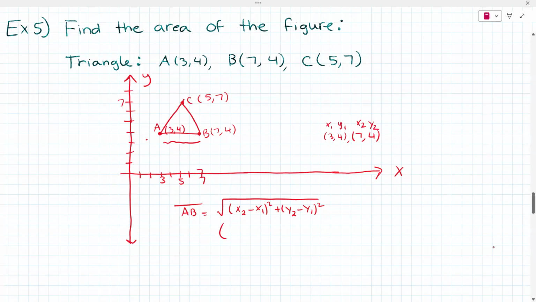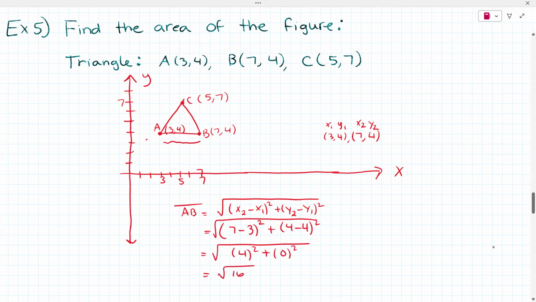My x2 is 7 minus my x1 which is 3, and my y2 is 4 minus my y1 which is 4. 7 minus 3 is 4, 4 minus 4 is 0. Square root of 16, which is 4. So the distance from A to B is 4.